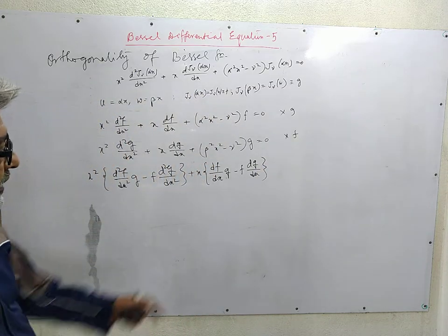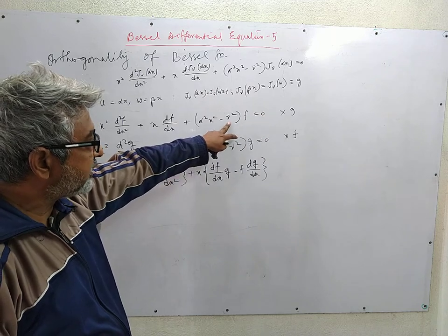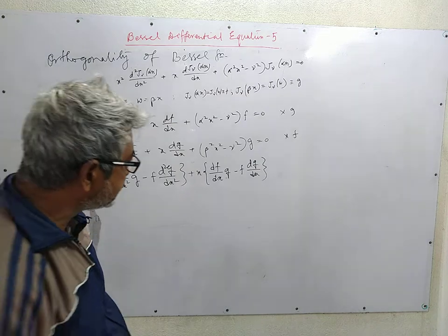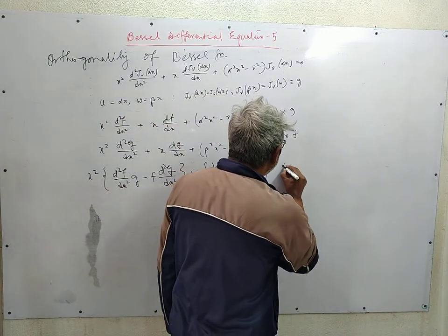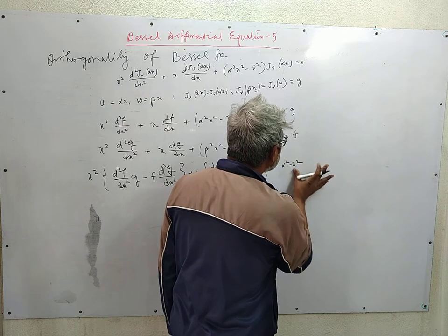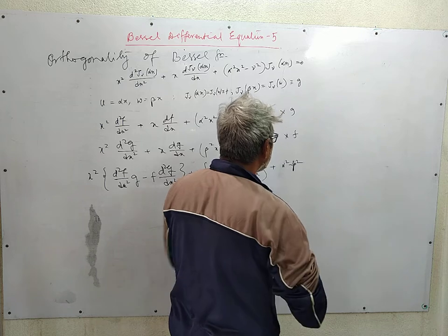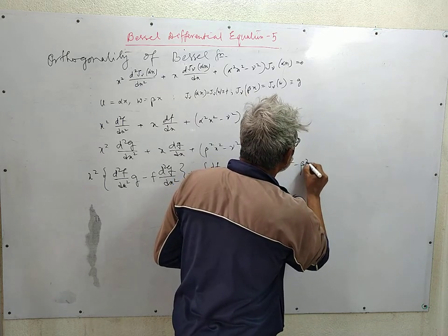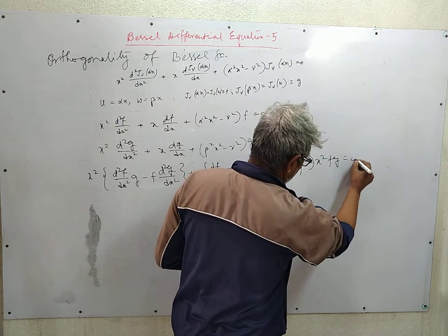And you see that the nu square term, when multiplied by g, is nu square fg, and this is also nu square fg. So this cancels out, and we take alpha square minus beta square x square fg is equal to 0.